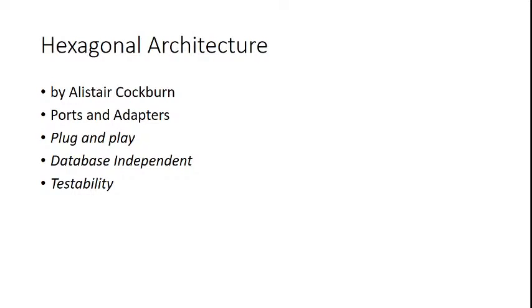But now, after .NET Core has been released, we can plug and play based on the concept, and we can reuse hexagonal architecture very nicely. And if you're talking about modular, to build a modular architecture, hexagonal is a must.